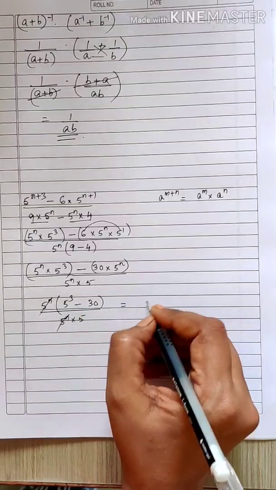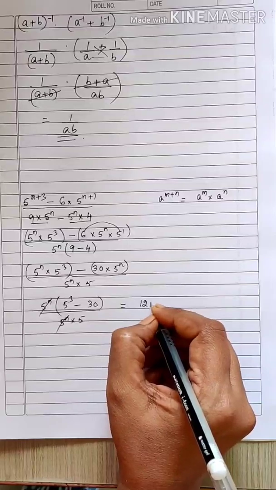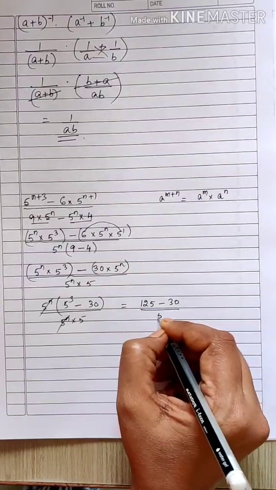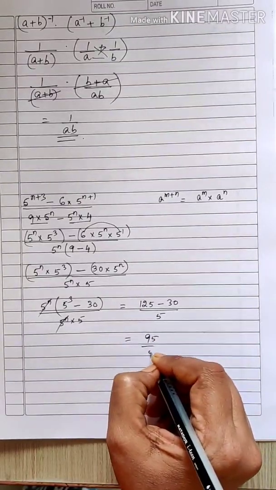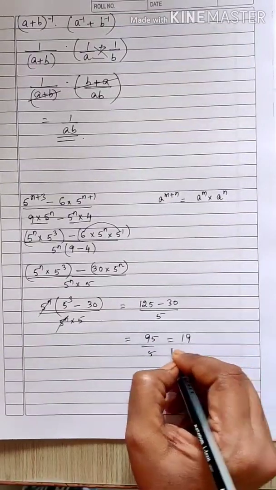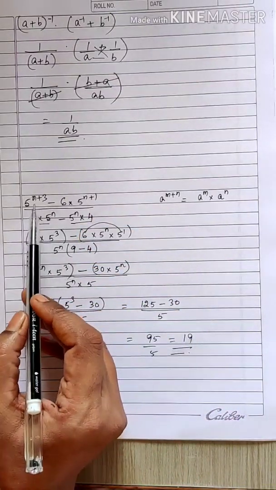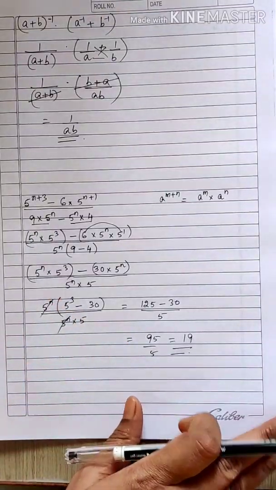So 5 cube minus 30 by 5. Now 5 cube is 125 minus 30 upon 5. So you get 95 by 5, which is equal to 19. Whenever you come across such sum, you should try to remove the terms which has the power n out.